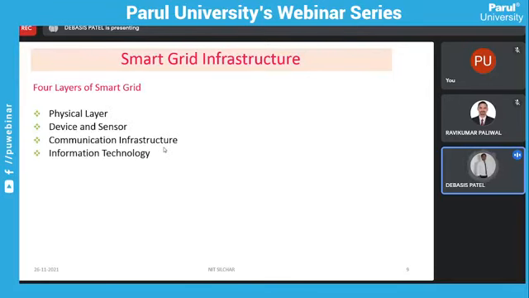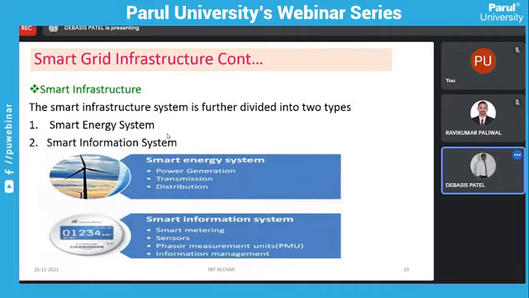What we discuss here, we are not going to discuss in much detail. Physical layer, device and sensor, communication infrastructure, and information technology. Communication infrastructure is something like Wi-Fi, Bluetooth, Zigbee, Z-Wave, and all information technology. The four layers we already discussed, we are not going to detail now. Smart grid infrastructure is again divided into two parts.